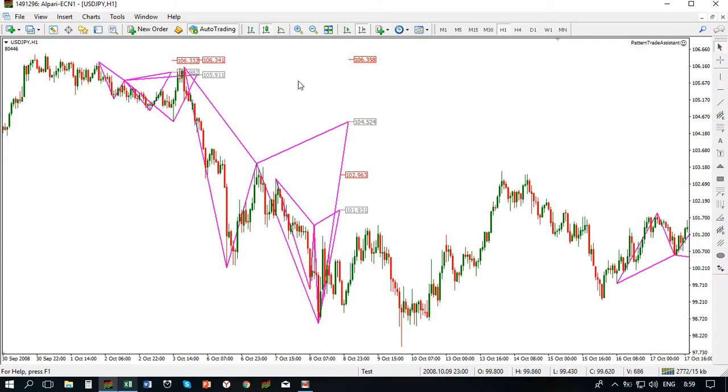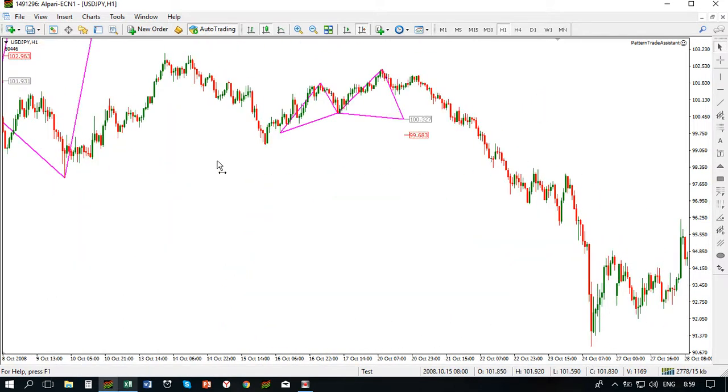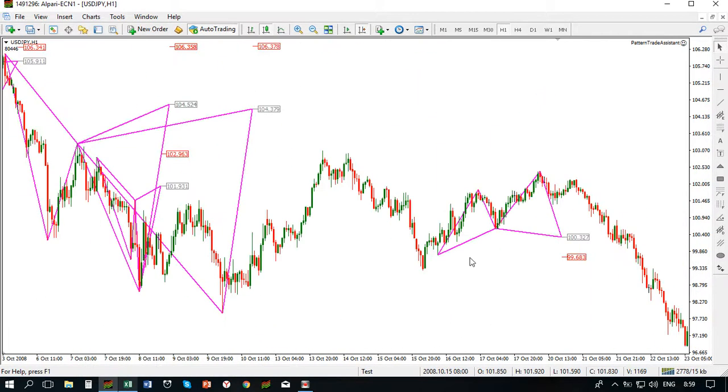Exceeded here, but the larger one may be still valid. X, A, B, C, and going to D somewhere here, but nothing happened.